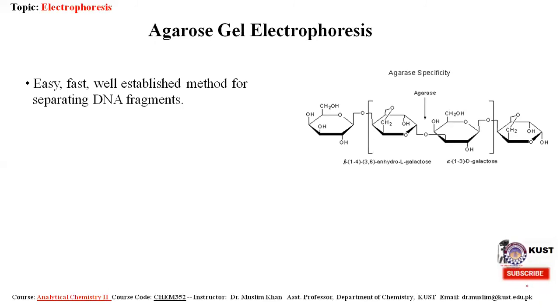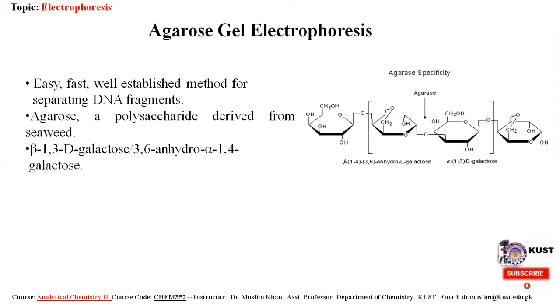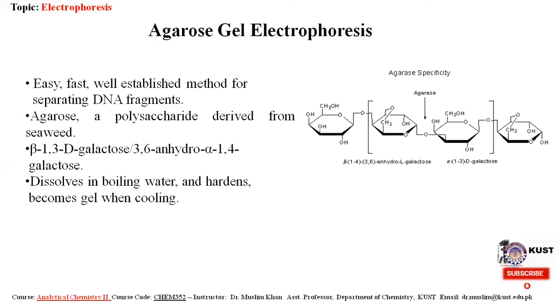Agarose is a polysaccharide derived from seaweed, made of beta 1,3 D-galactose and 3,6-anhydro alpha 1,4 galactose. It dissolves in boiling water and becomes a gel when cooling. So basically this molecule is put in boiling water, and it becomes a gel when you cool it.